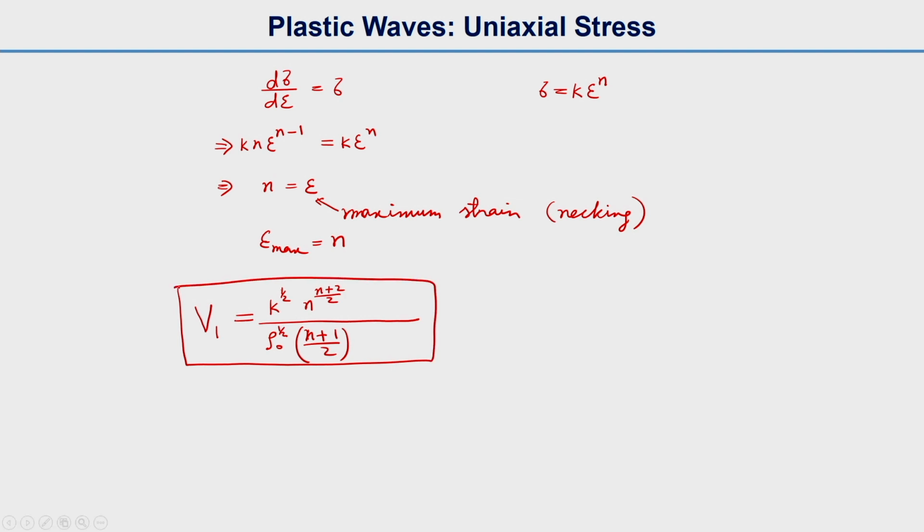So, this is the maximum impact velocity that leads to necking instability.